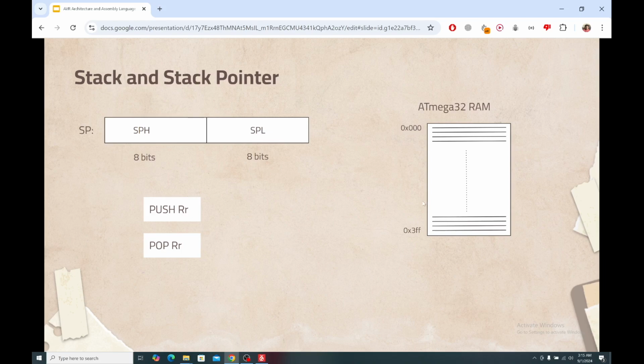And if we pop some data, it will increase the stack pointer value. So the stack is used to call subroutines. Subroutines are similar to functions. We will see in the next slide what a subroutine is.